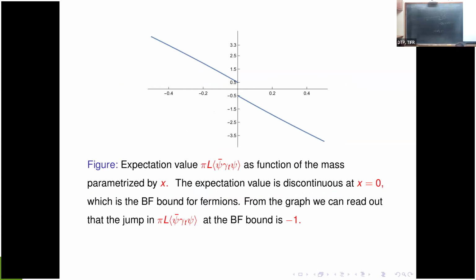In fermions, the mass can have different signs also in this case. So when the mass changes sign, there is a unit jump, in units of pi L.